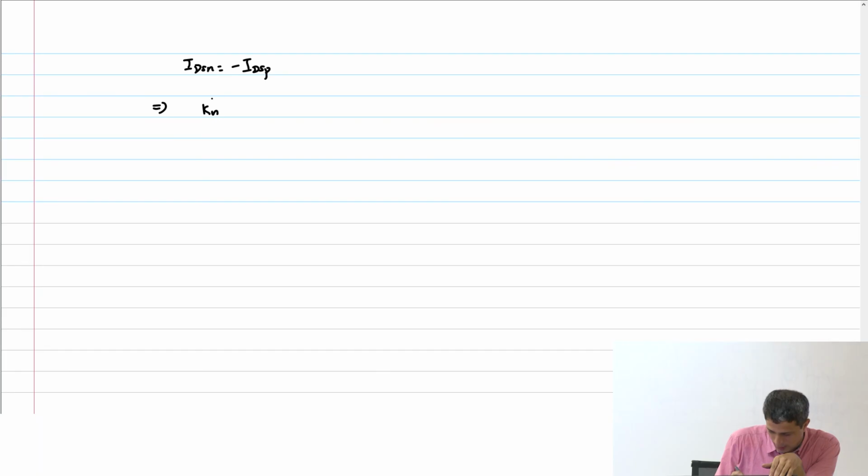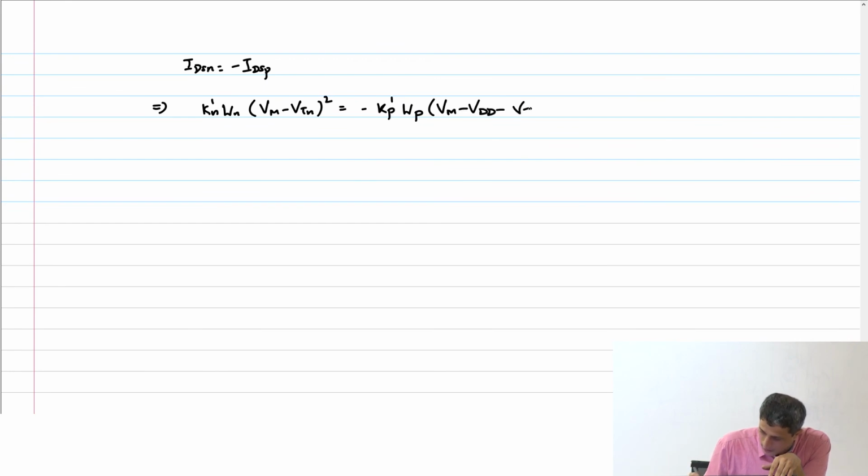This implies Kn prime Wn into (Vm minus Vtn) the whole squared equals minus Kp prime Wp into (Vm minus Vdd minus Vtp) whole squared.